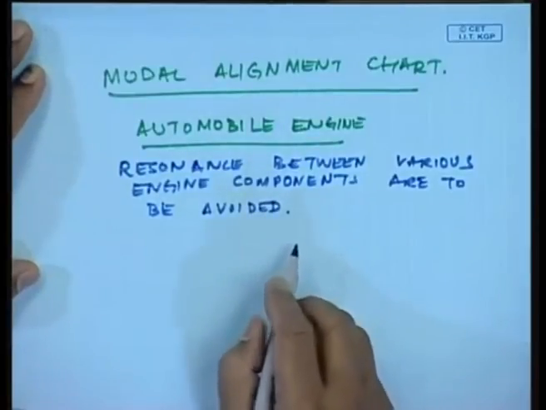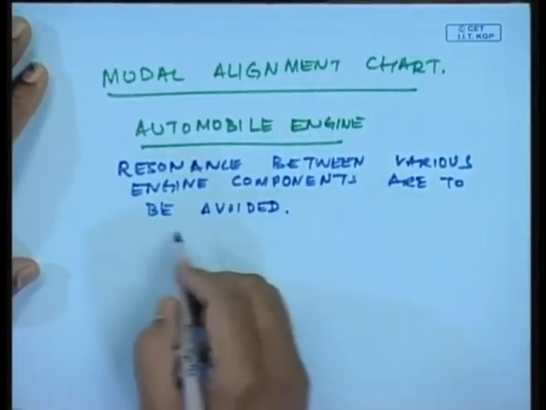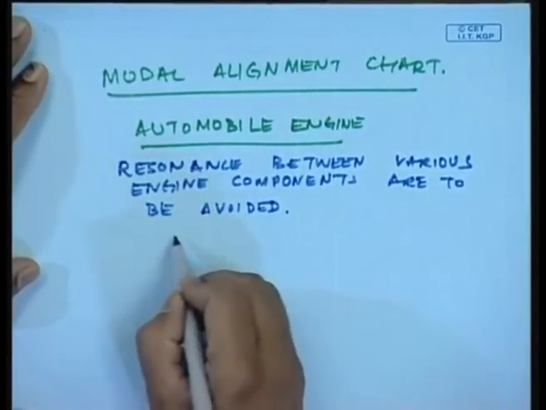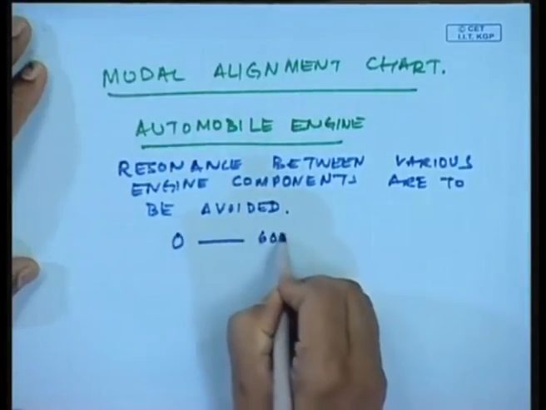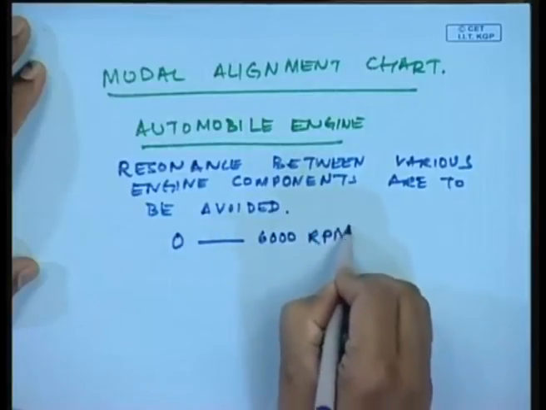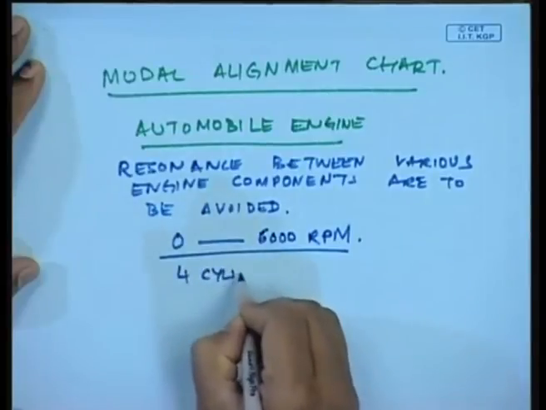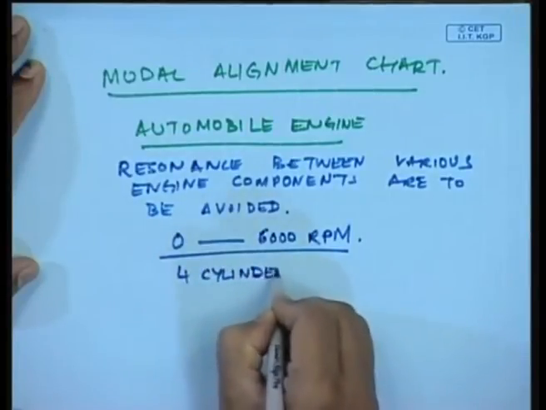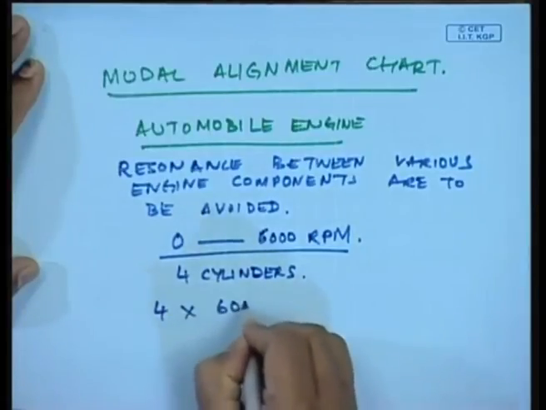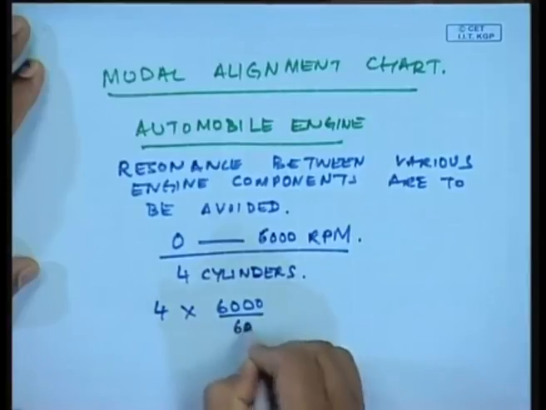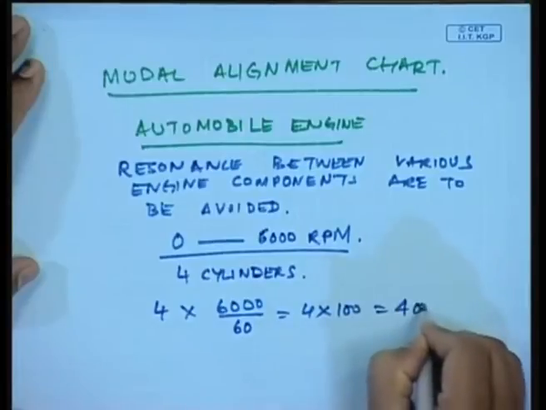Well, in an automobile engine, say for example, a 4-cylinder gasoline or petrol engine, we may say that the operating speed will be from 0 to say 6000 RPM. If there are 4 cylinders, the firing frequency would be 4 times 6000 by 60, that will be 4 times 100, that will be 400 hertz.